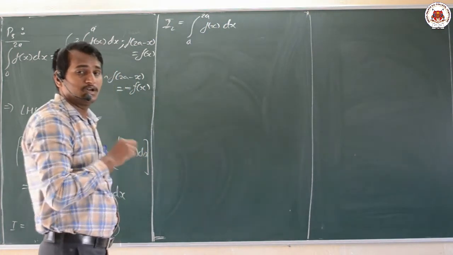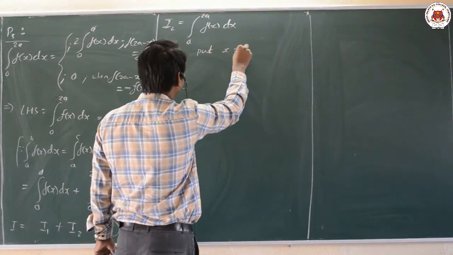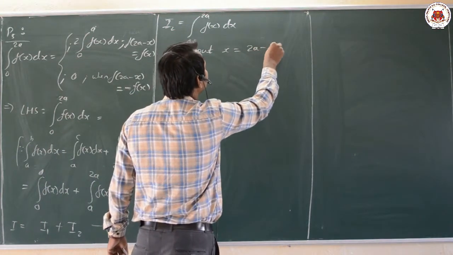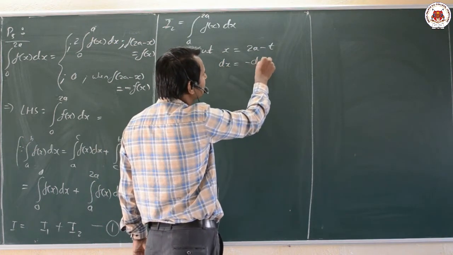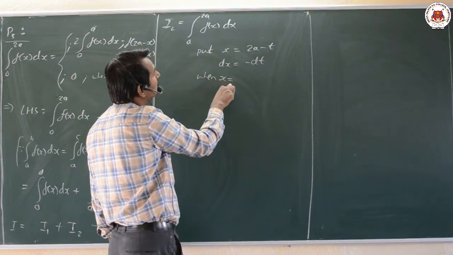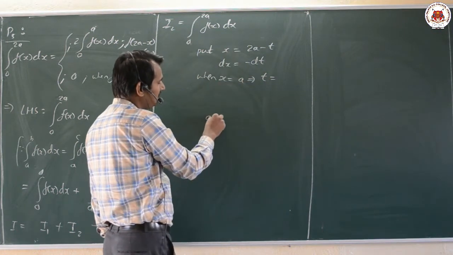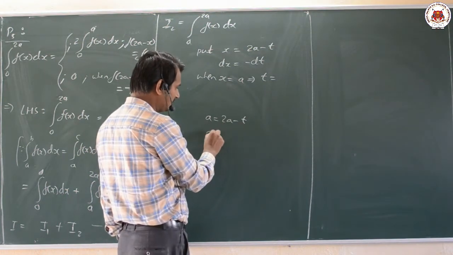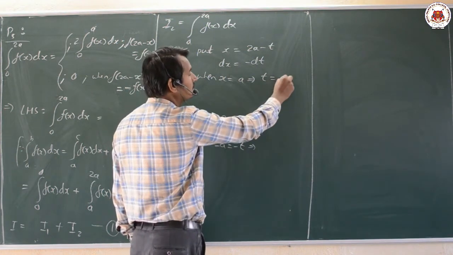Now here what we require is to substitute x equal to 2a minus t. That means dx equals minus dt. When x equals a, what t value do we get? a equals 2a minus t, so a minus 2a equals minus t, minus a equals minus t, which implies t equals a.